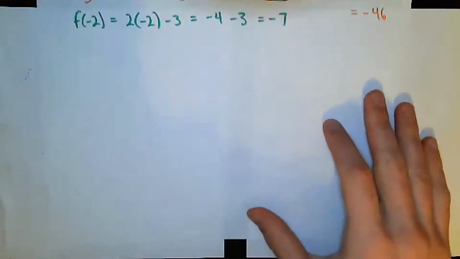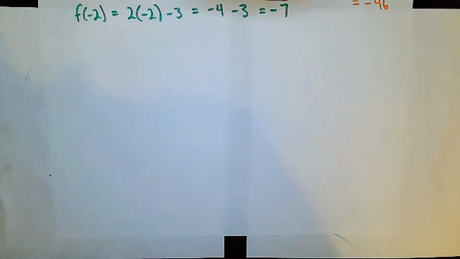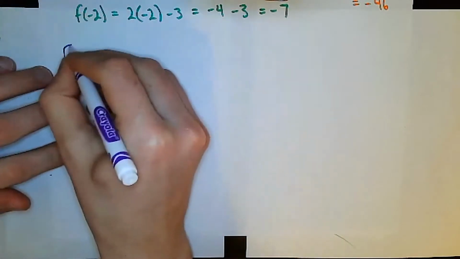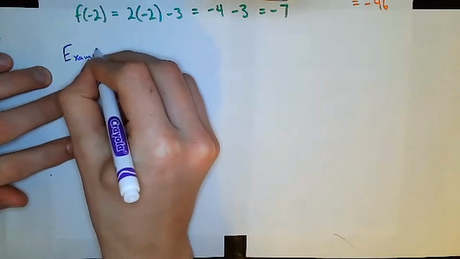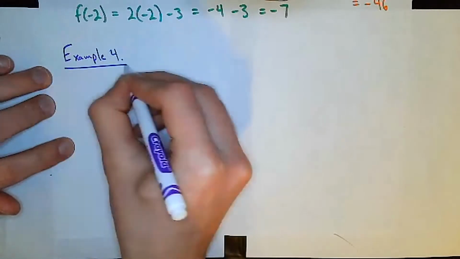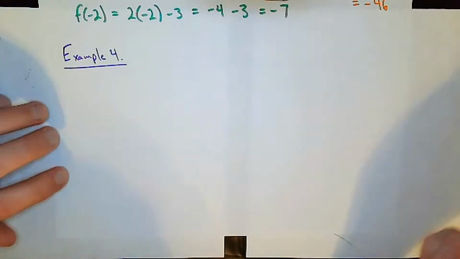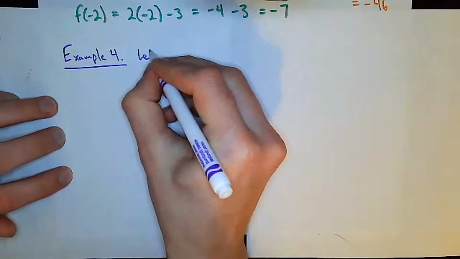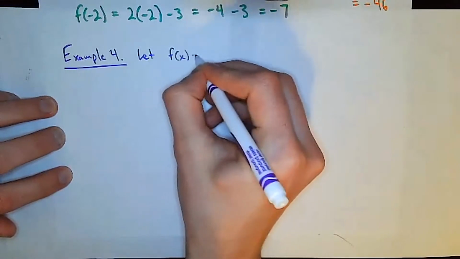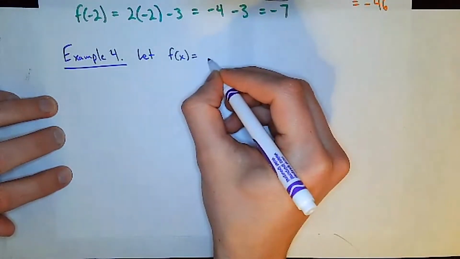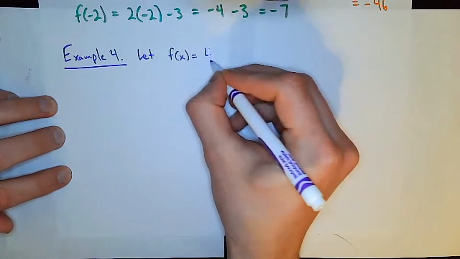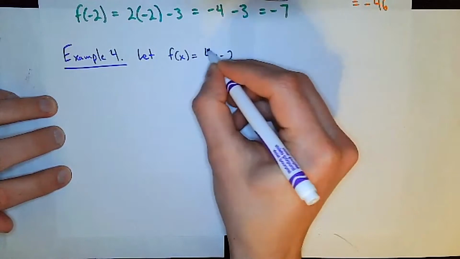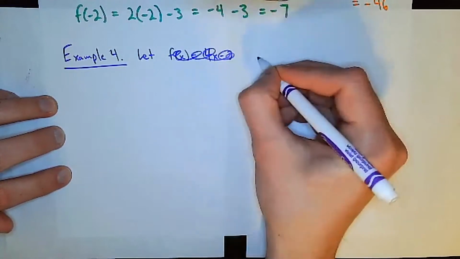A couple more examples here that we need to look at. What is this? Example 4, right? Because that was, yeah. All right, example 4. Actually, let me do a more complicated one.